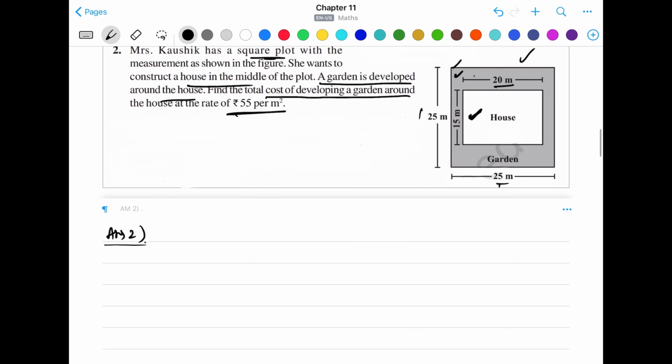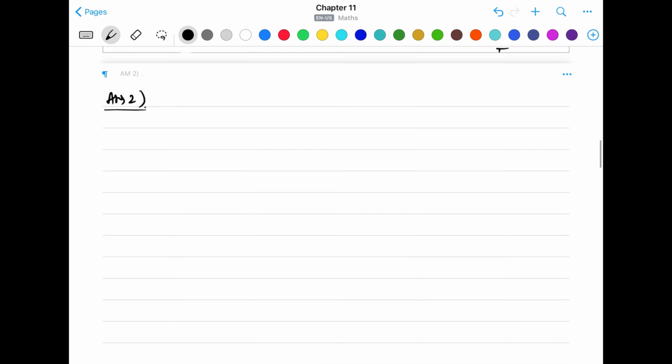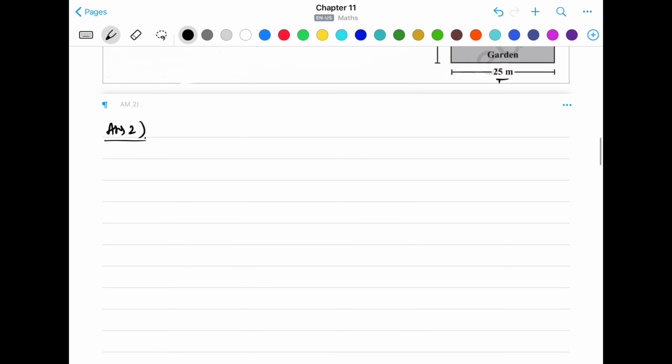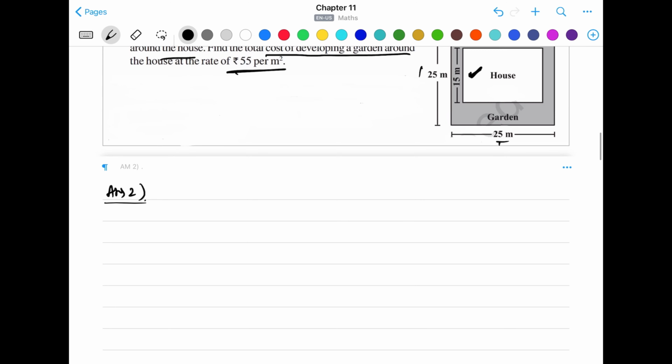So first we're going to find the area of the plot. Write, side of square plot is 25 meter.